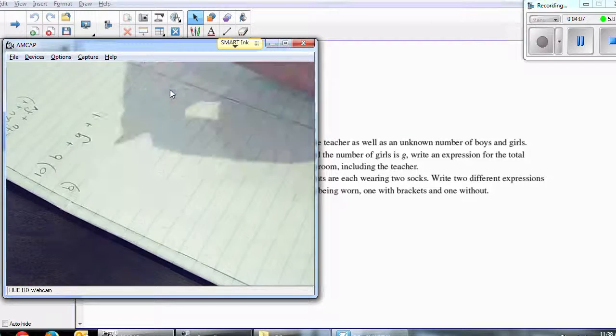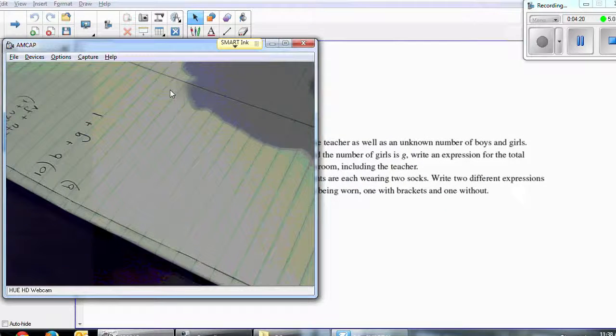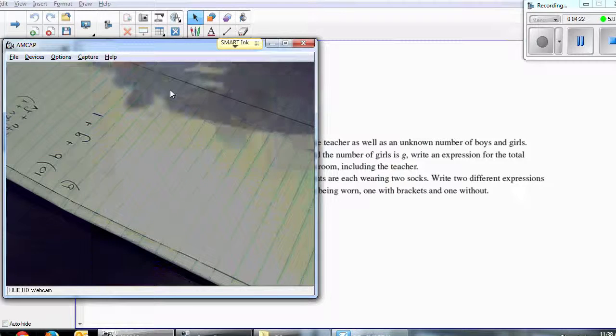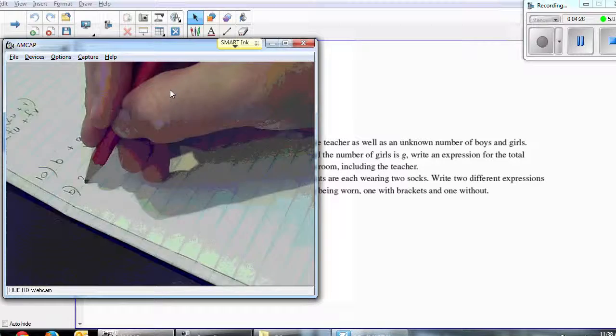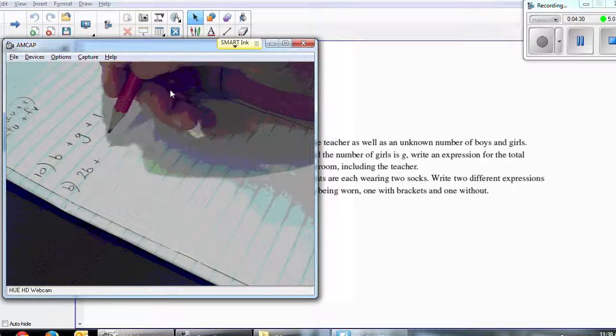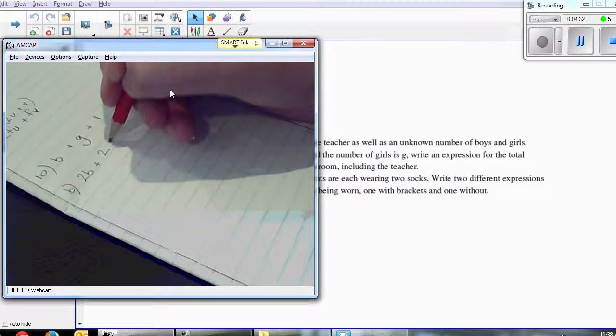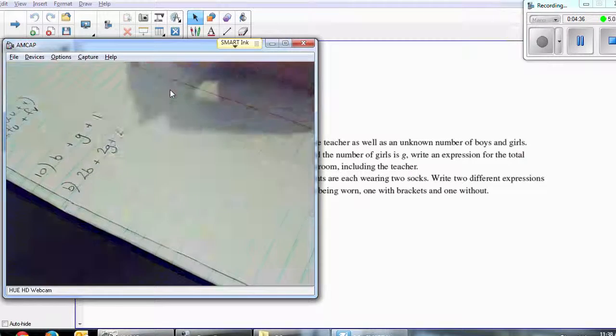Okay, let's have a look at B. The teacher and all the students are each wearing 2 socks. Write 2 different expressions for the total number of socks being worn, one with brackets and one without. So we know that 2 times the number of boys are wearing socks, 2 times the number of girls are wearing socks, and the teacher is also wearing 2 socks.